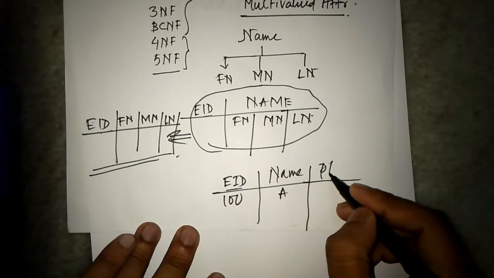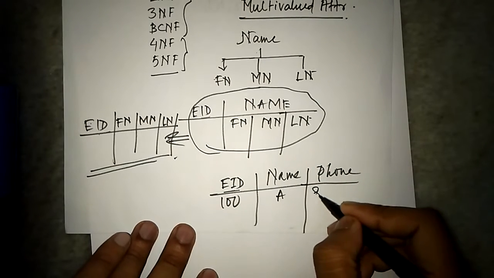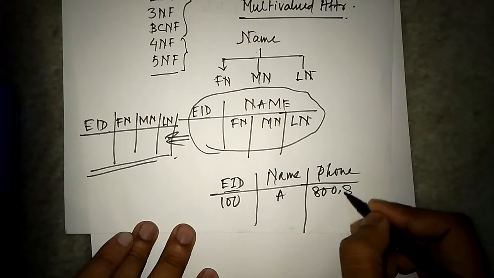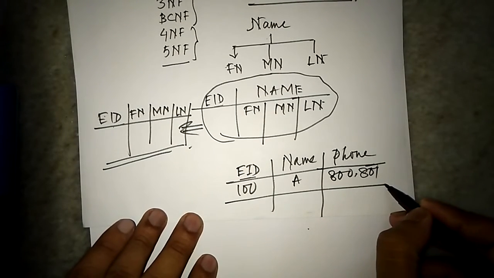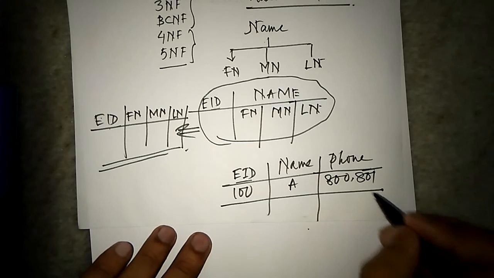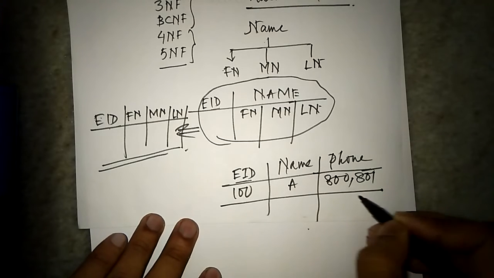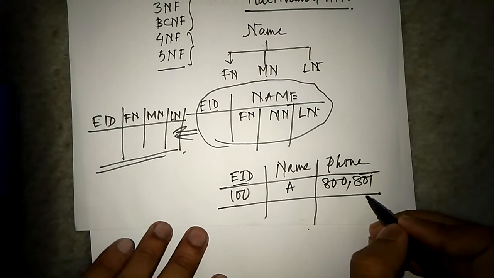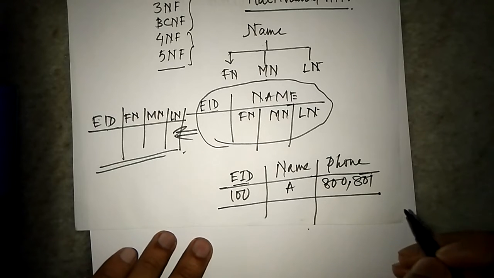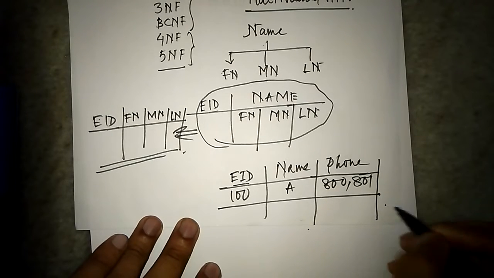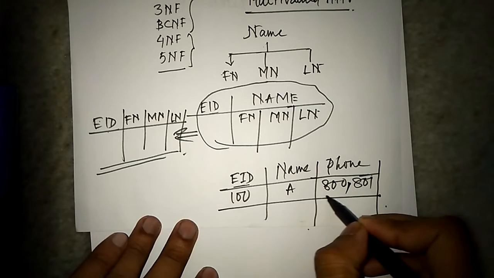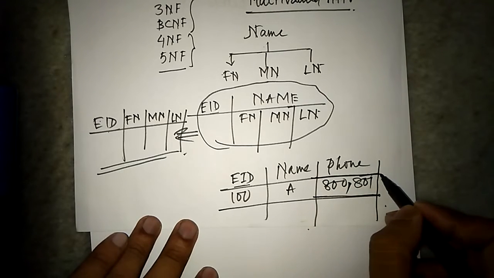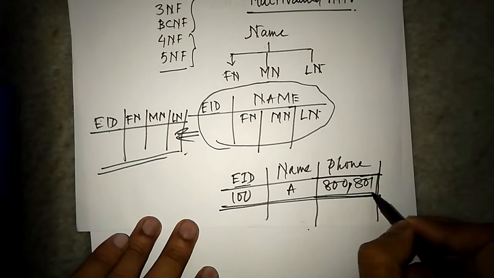Okay, so his phone numbers are 800 and 801. So this is a table, but you cannot do that. You cannot give two attribute values in the same attribute of a table. So you cannot give two phone numbers in the same row.